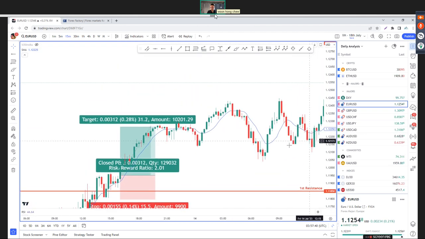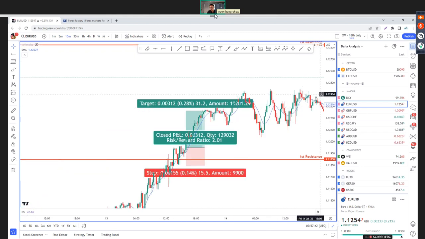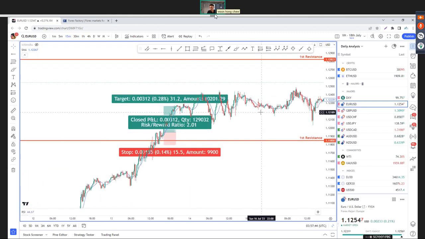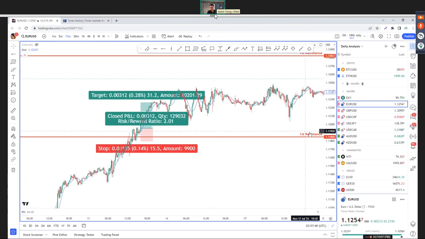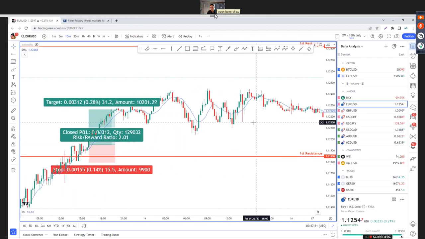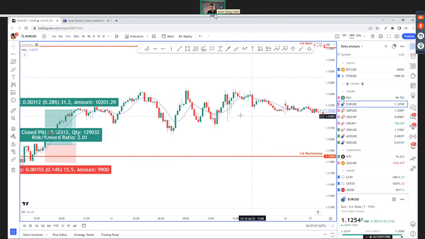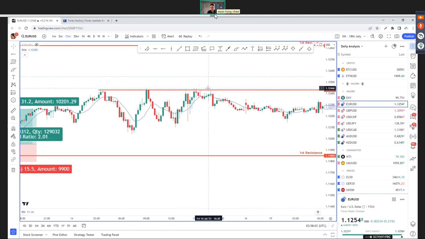So let me just try an example whereby we'll make a loss. Let's see. Okay, let's say this is one of our key levels. Never break through. Okay, we'll just take this out.